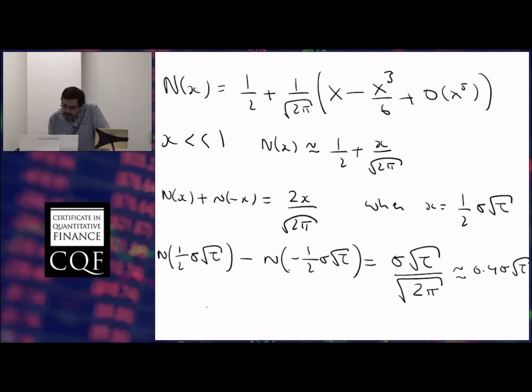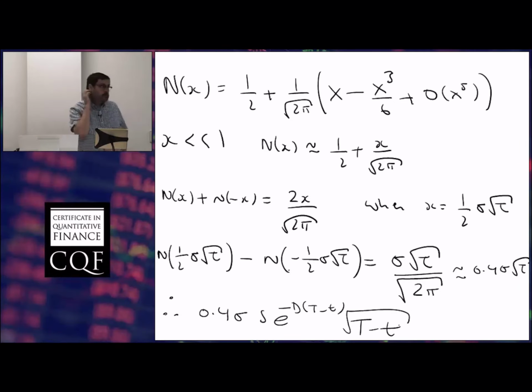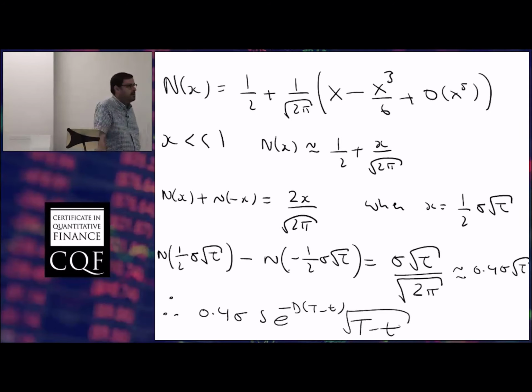So we've got an S. Finally, remember it was S e to the minus d times tau, times all of this stuff. So 0.4 sigma S e to the minus d times (T minus t) times the square root of this. That's what it becomes. Now, is that what's written on the slide?